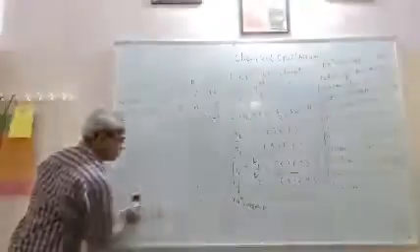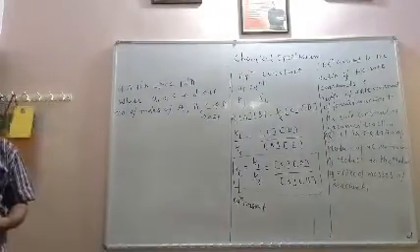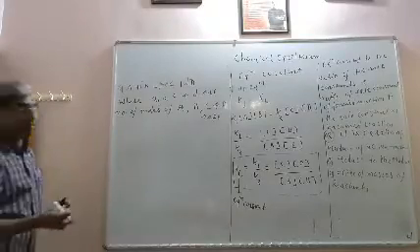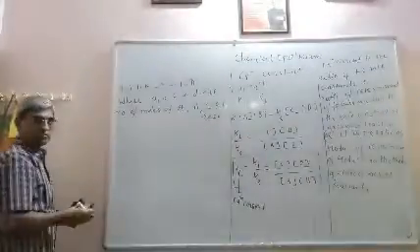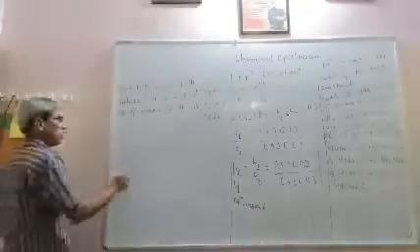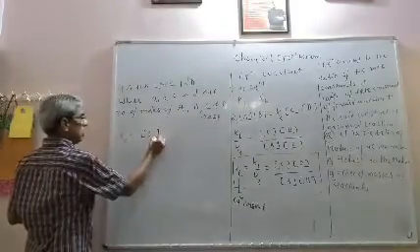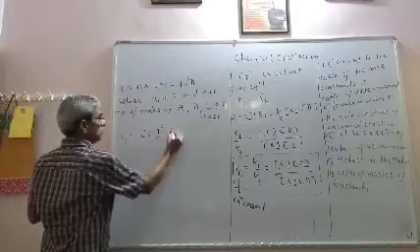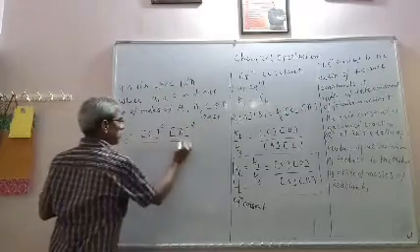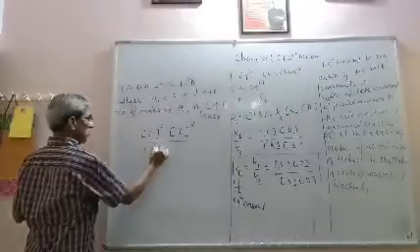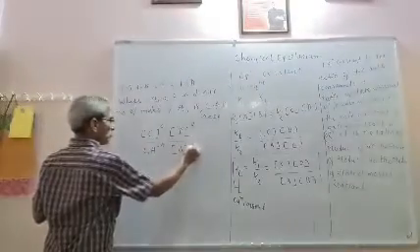Then according to these number of moles, we can write the equilibrium constant as Kc equal to active mass of C raised to small c, active mass of D raised to small d, upon active mass of A raised to small a, active mass of B raised to small b.